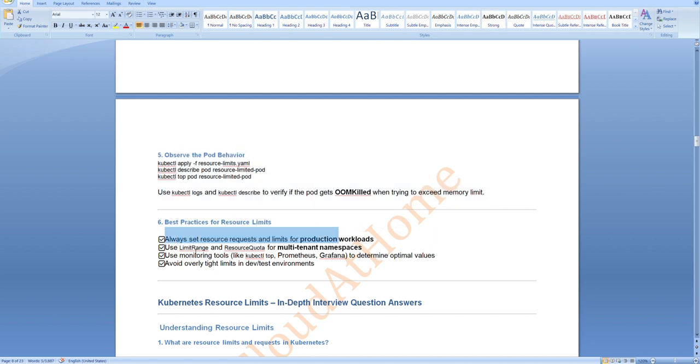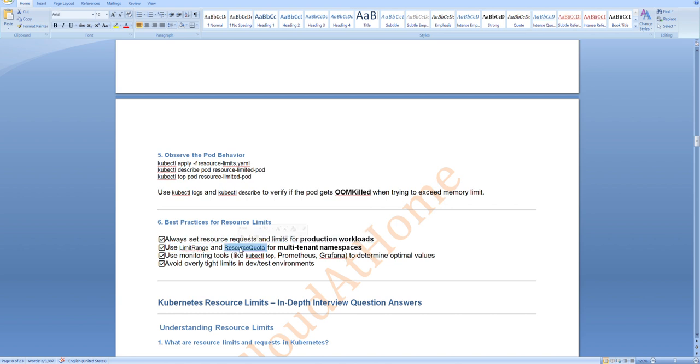What are the best practices for resource limits? Always set resource requests and limits for production workloads. That's true, we should not use a pod without a resource limit, because otherwise your pod can take a huge amount of memory and CPU, which can block your node and impact your application.